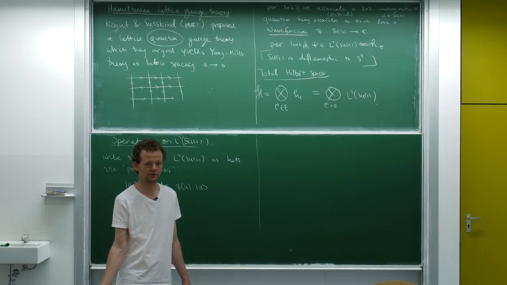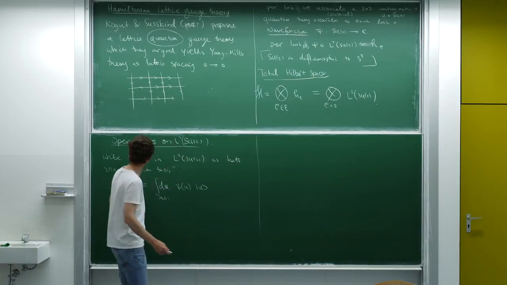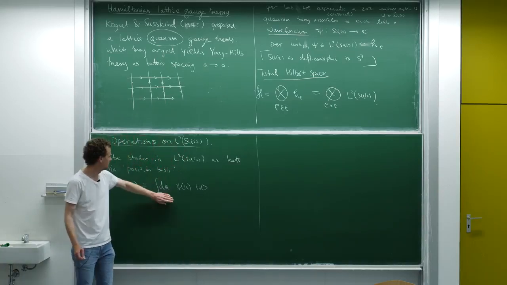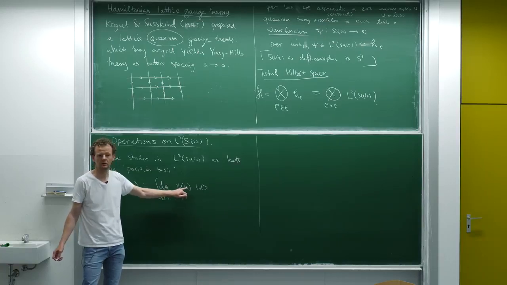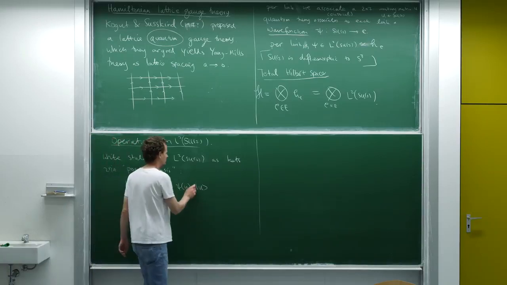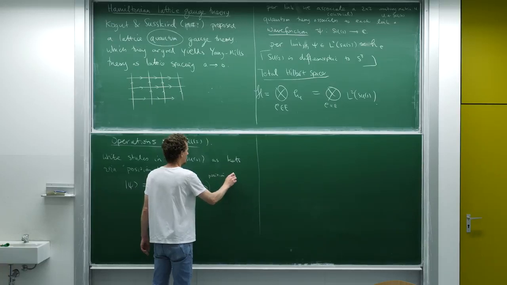A wave function is a function from the real line to the complex numbers that's square integrable. But you can also write it as a ket. And the way you write it as a ket is you use a position basis, right? So if you just imagine for the moment that u is like a number on the real line, then I've just written down the ket associated to the wave function psi of u. And this is the position eigenvector here.